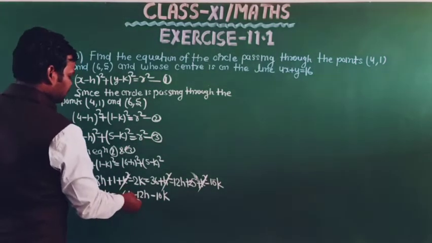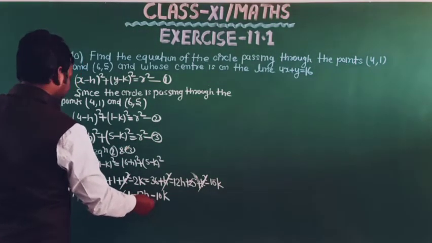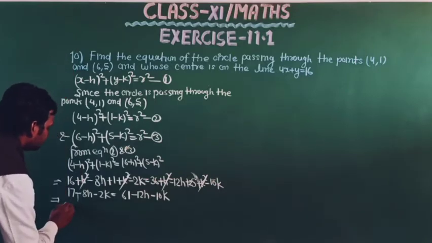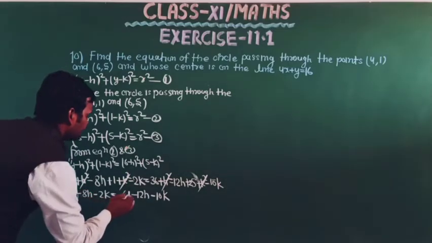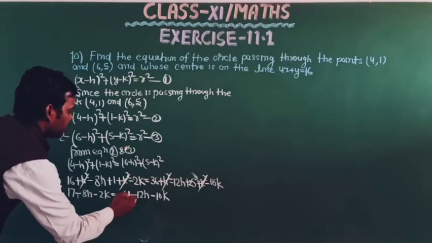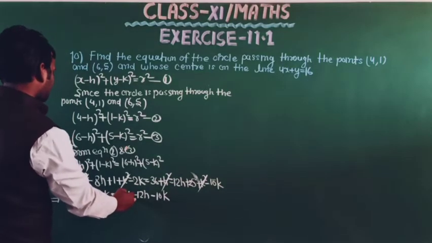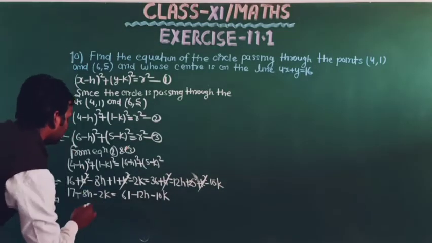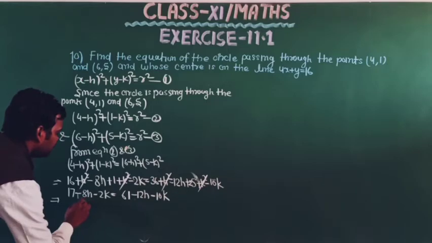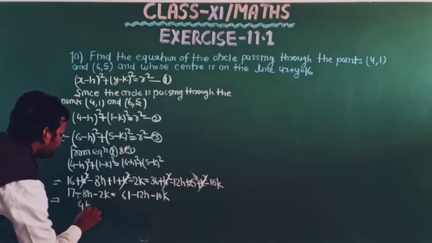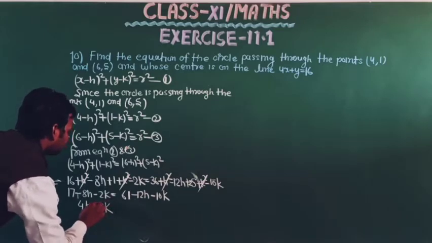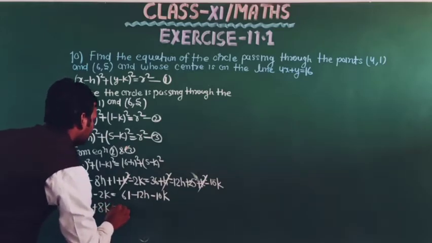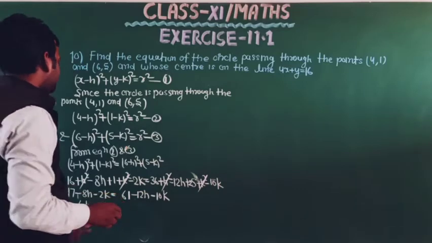Now shifting 12h to this side, this will be 4h, and 8k equal to 61 - 17.